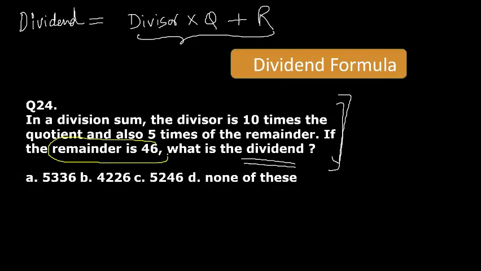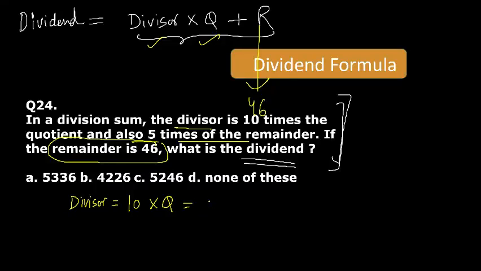Your remainder is 46. And here it is given that the divisor is 10 times the quotient, and also it is 5 times the remainder.